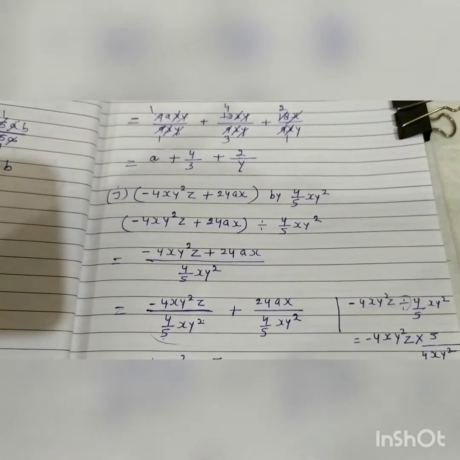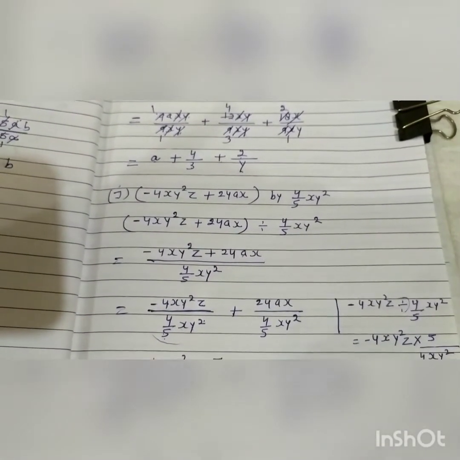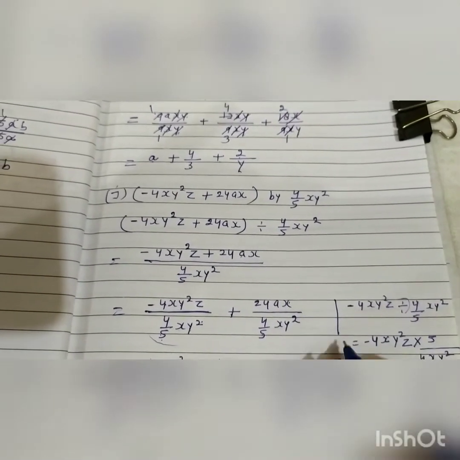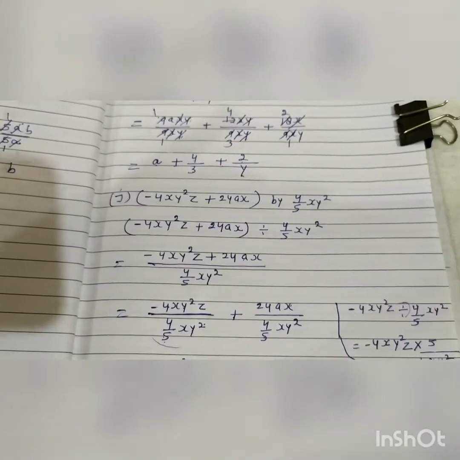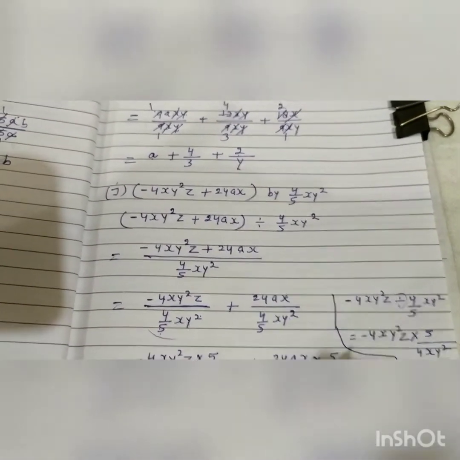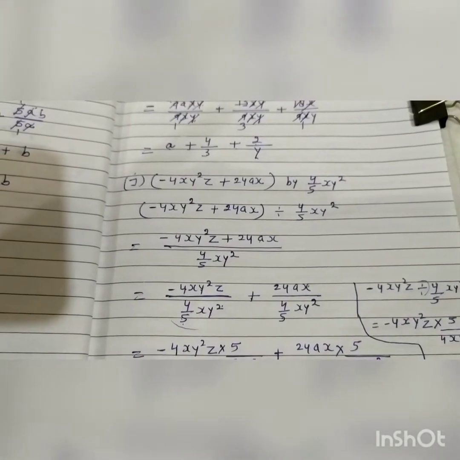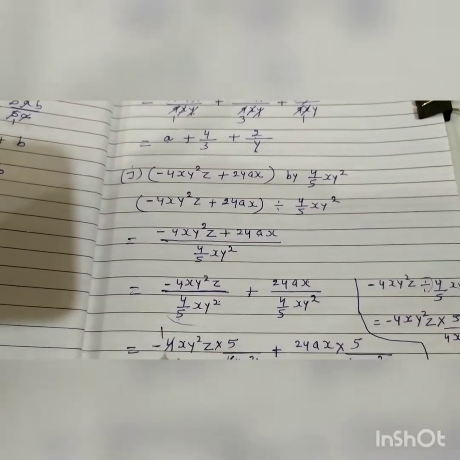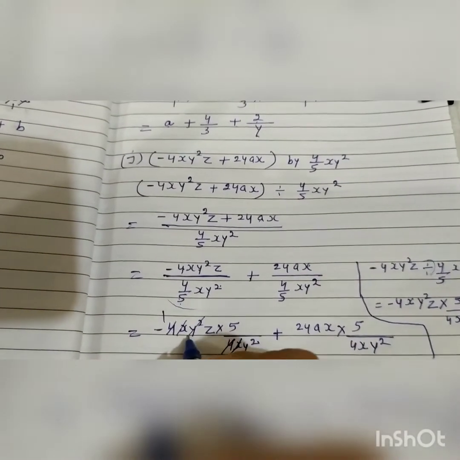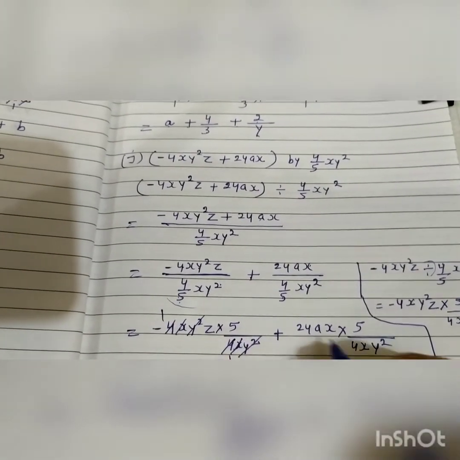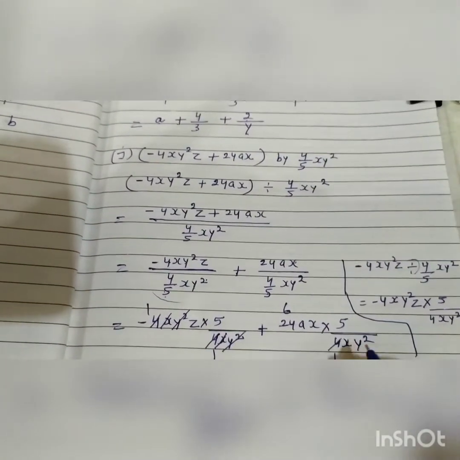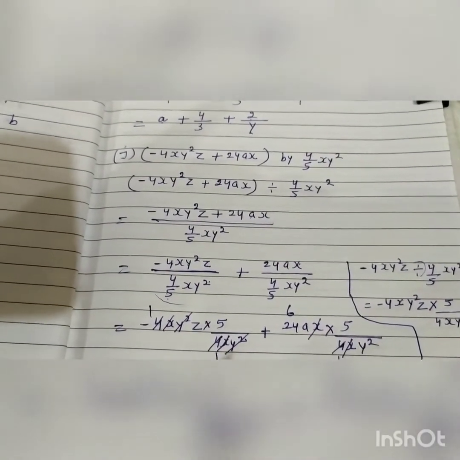It will be written also in this form, 24ax multiply 5/4xy square. Now see here, 4 ones are 4, 4 ones are 4, x cancels, y square cancels. Here 4 ones are 4, 4 sixes are 24 and x cancels.